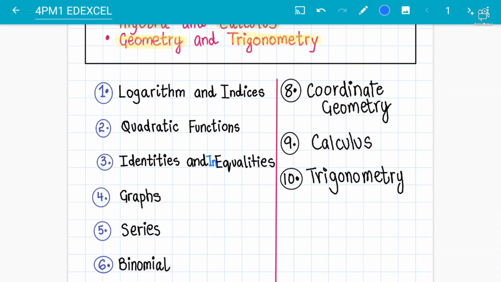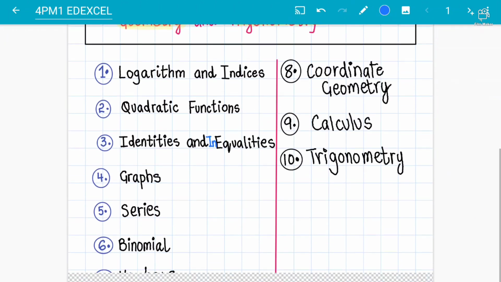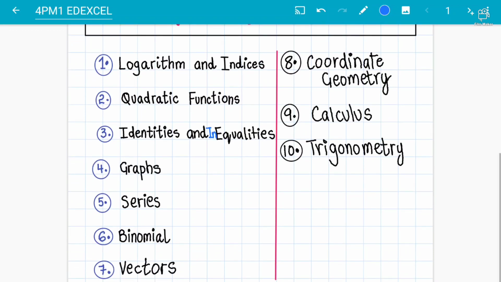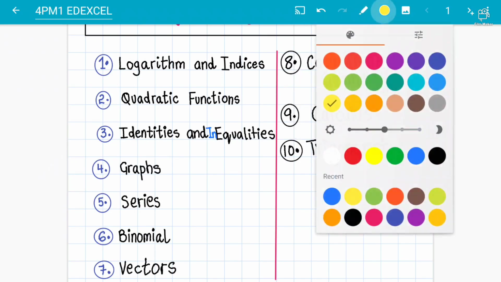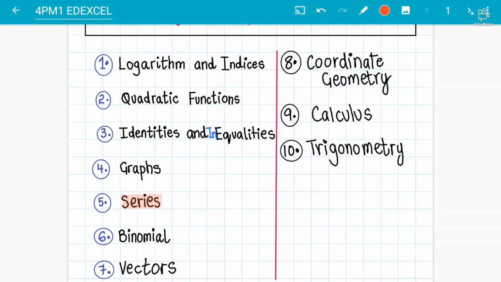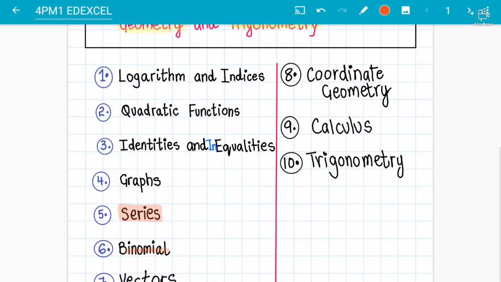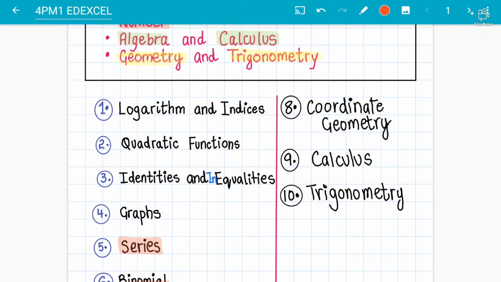Then you have graphs of different cubic functions, reciprocal graphs, and then we have to get solutions from those graphs as well. We also have the series and binomial chapter, in which we have arithmetic and geometric series, how to do the ascending order of powers, and how to expand binomial expansions. Then we have vectors, which is about scalar quantities, how to prove vectors, and how to find the lambda and mu values. Topics 8, 9, 10 are trigonometry, calculus, and coordinate geometry.